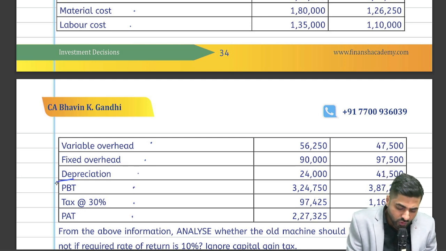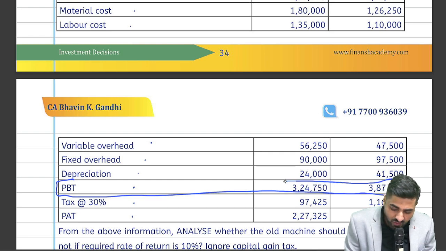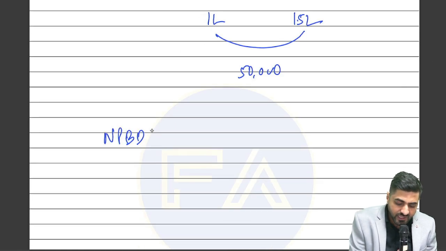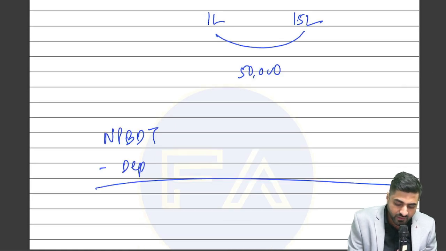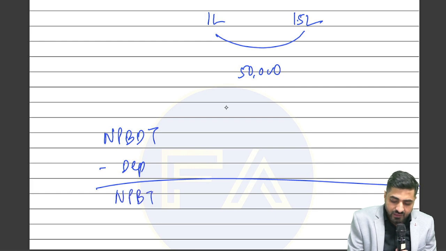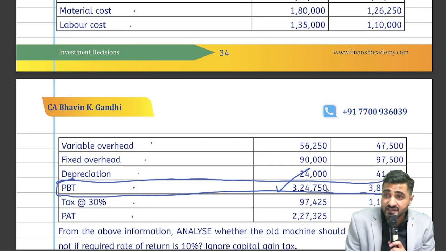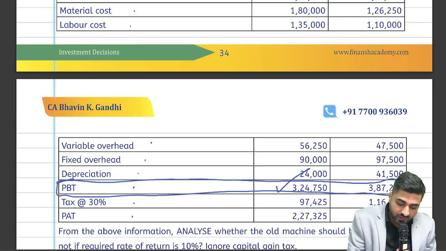Now see, do you have the PBT available? Come on, yes or no? Yes, sir. Now NPBDT less depreciation gives you what? NPBT. Can you give me old machine NPBT, beta? What is old machine NPBT? 3,24,750. This is the old machine NPBT.